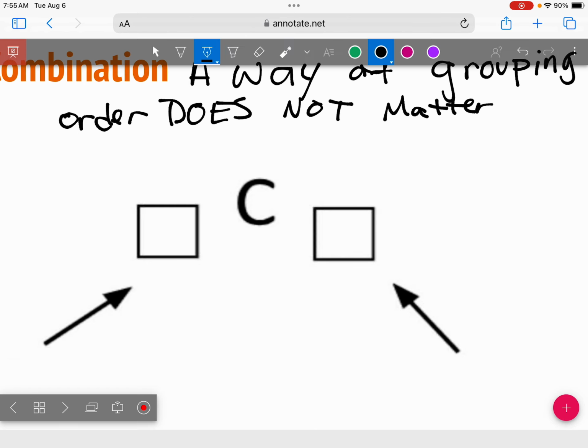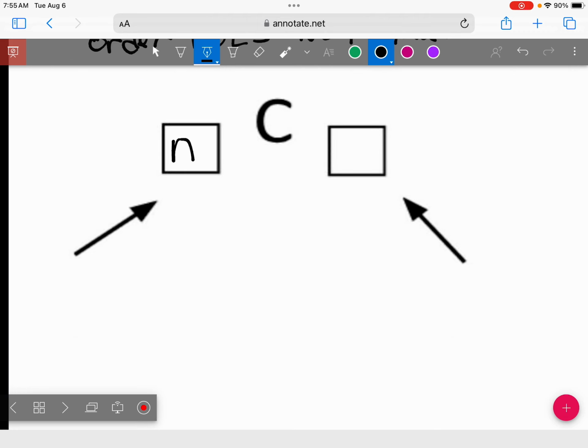Our notation is still the same. We're still going to have our n out in front, which is our total. We're going to have our r in back, which is the number we choose. And we have two different ways that we can do this formula.